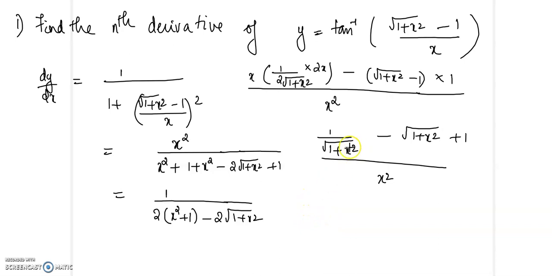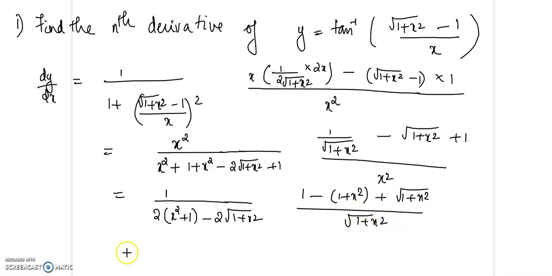Take root of 1 plus x square as a common denominator, so you get 1 minus (1 plus x square) plus root of 1 plus x square, by root of 1 plus x square. So therefore, both the x's are in the numerator, but they do not cancel, both give x square. So here you will have x square. So now x square will cancel off here.